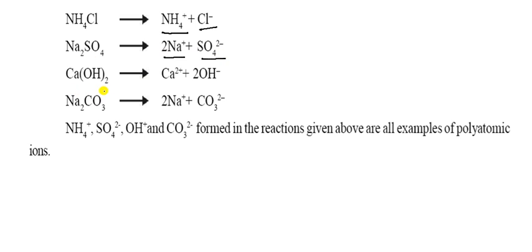Now in calcium hydroxide, calcium plus 2 ions and hydroxide minus 1 ions, that means calcium is the basic radical and OH is the acidic radical. In sodium carbonate, sodium is the basic radical and carbonate is the acid radical. So NH4, SO4, OH and CO3 formed in the reactions given above are all examples of polyatomic ions. They are called polyatomic ions.